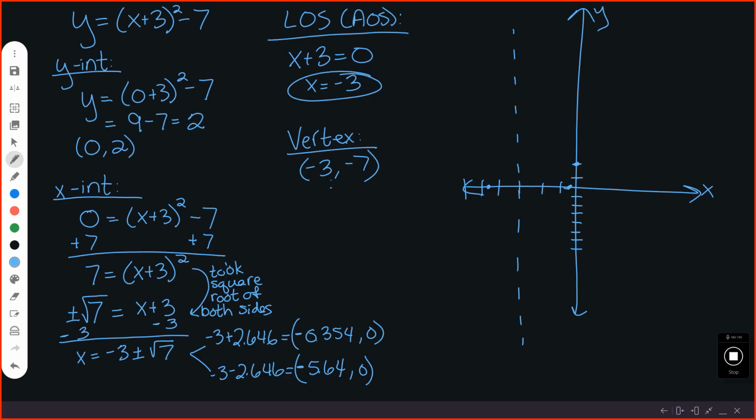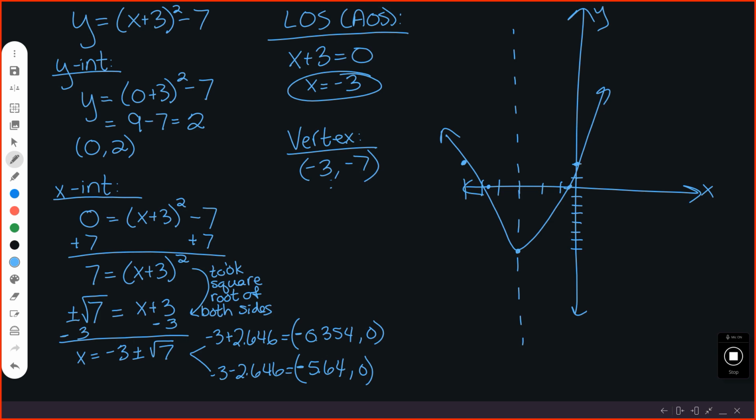This is going to flip over to the other side. This distance is 3, so I want to go 3 over here. There's the reflection of my y-intercept, and then I want to go down 7 here. That is your parabola on that side. It's a pretty terrible graph, but I think you get the idea.